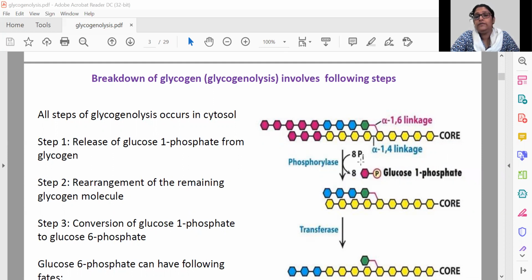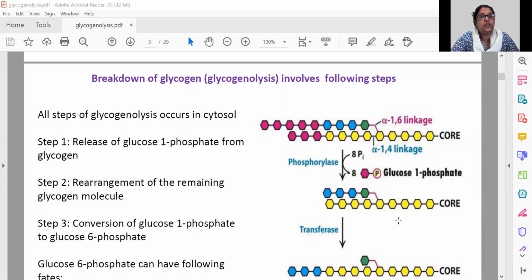And so this process doesn't use ATP. It uses phosphate as such. HPO4 molecules are used, and so it doesn't consume energy in the way ATP lysis does. Like when ATP is consumed, the cellular energy is released, no?